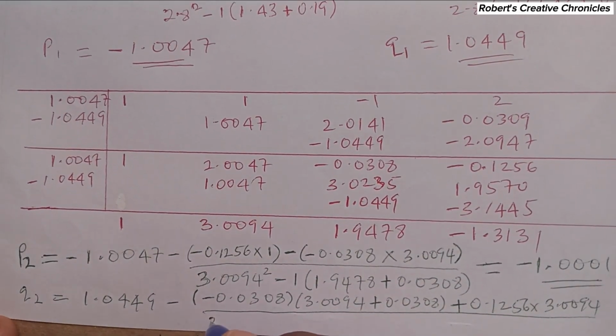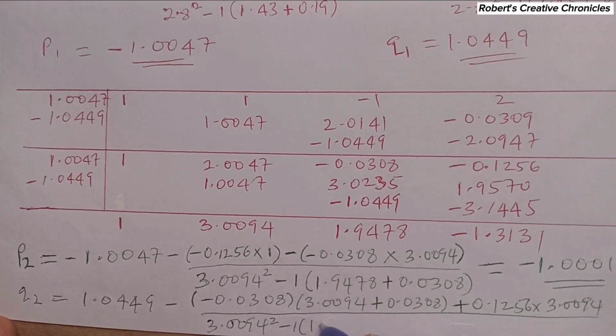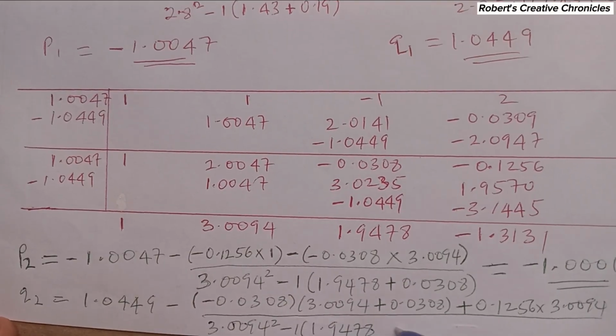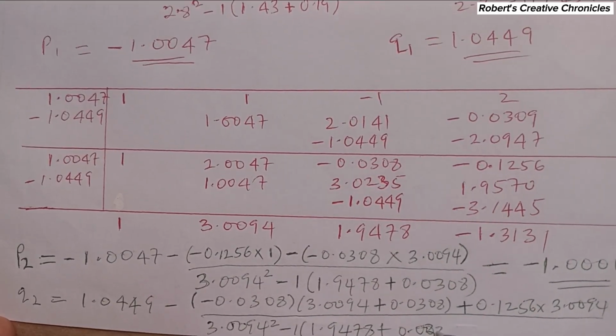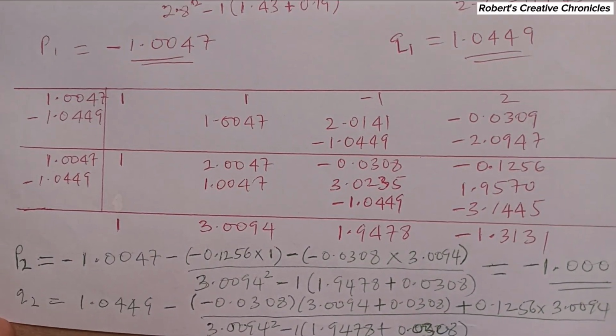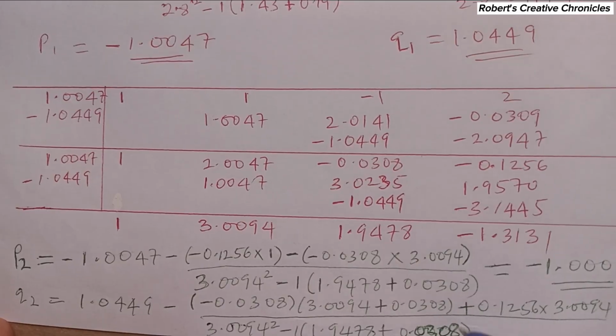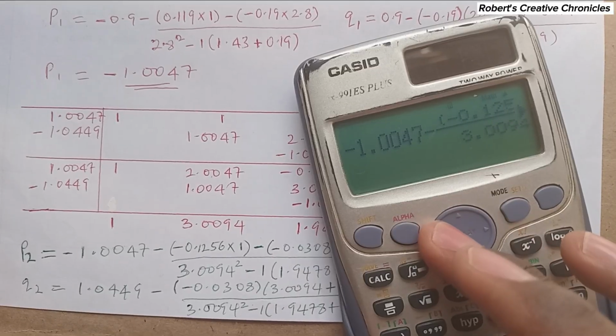So it will be 3.0094 squared minus 1.9478 plus 0.0308. So now we can readjust this.